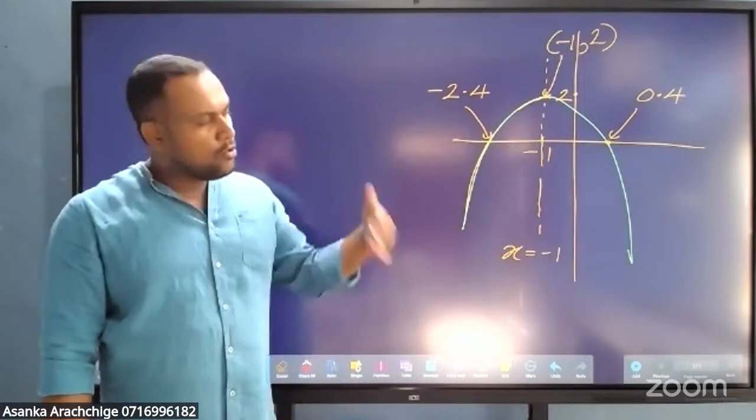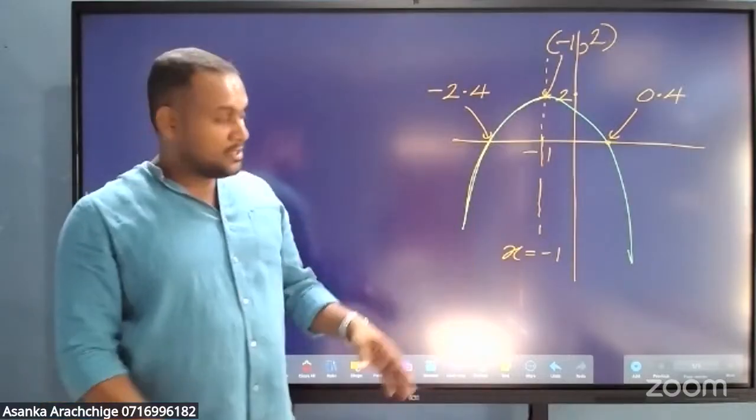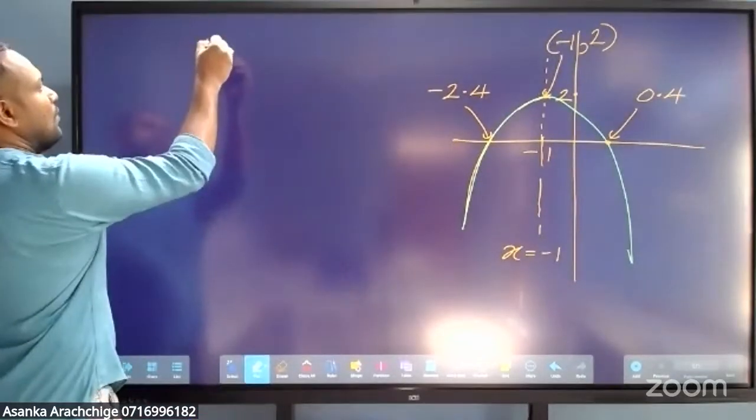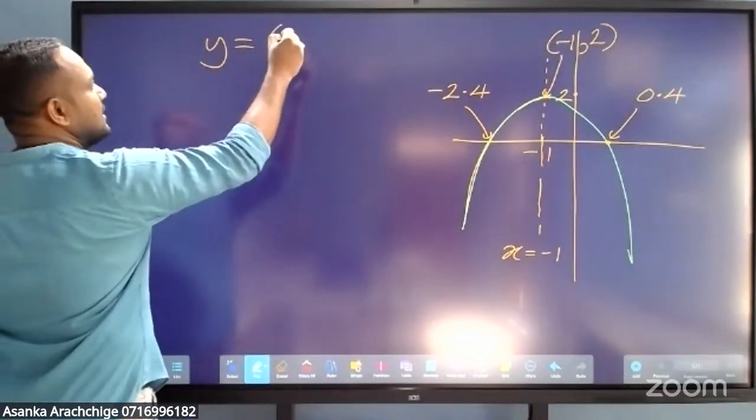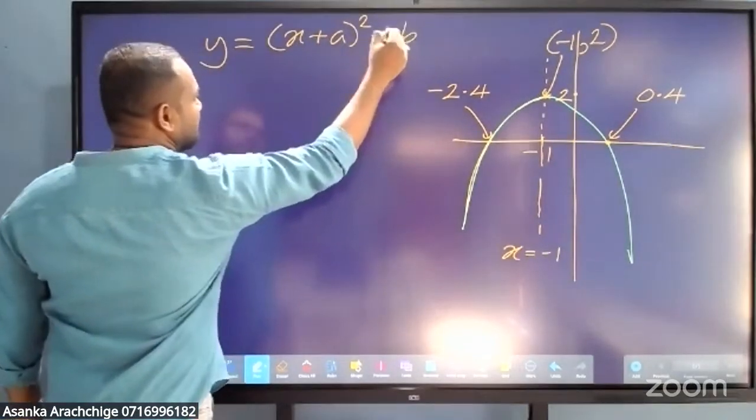How to represent the same function in the form y equals (x plus a) squared plus b.